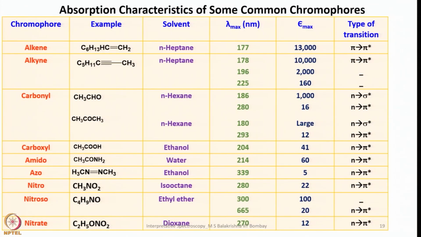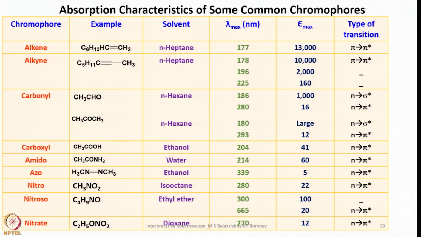So now here I have given a list of chromophores with a specific example in each case, and also the solvent in which we have looked into the transition, the lambda maximum and epsilon, and also the type of transition. Very useful table this is. For example, if you look into alkene, we know that we have a double bond.